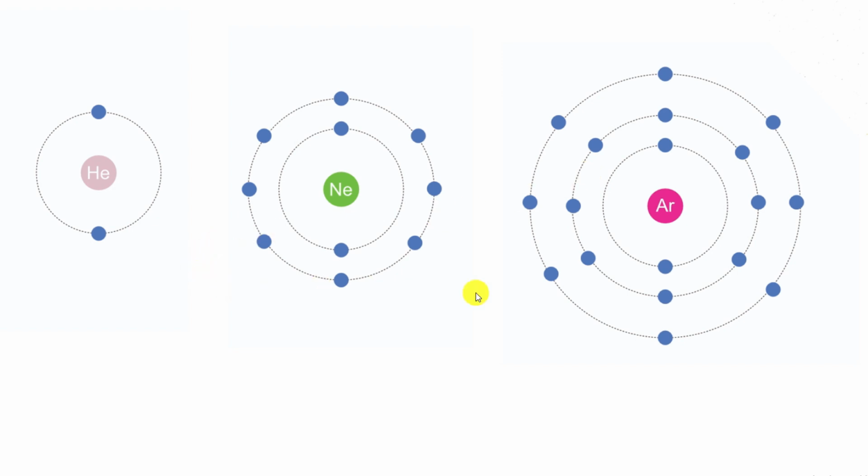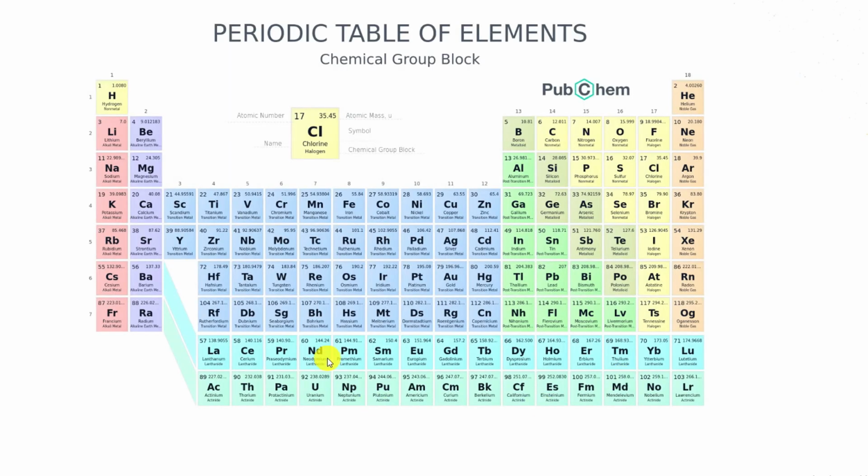In the periodic table, first three noble gases are helium, neon, and argon. Now, you can easily locate them as all the noble gases are placed at the right corner of the table. There are few more noble gases, but we do not need to memorize them at this level.